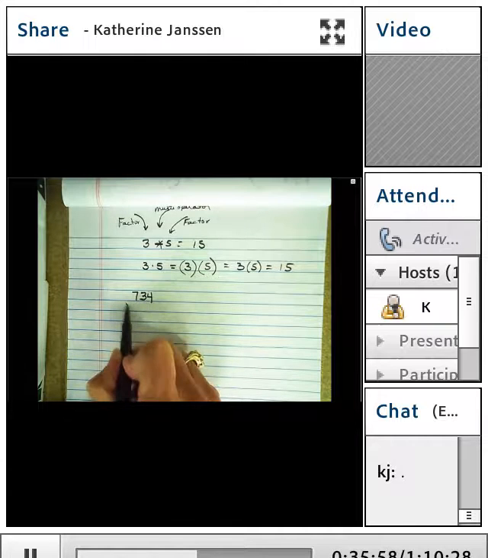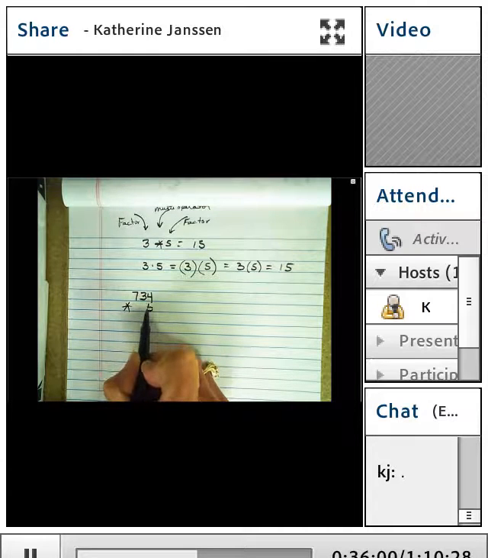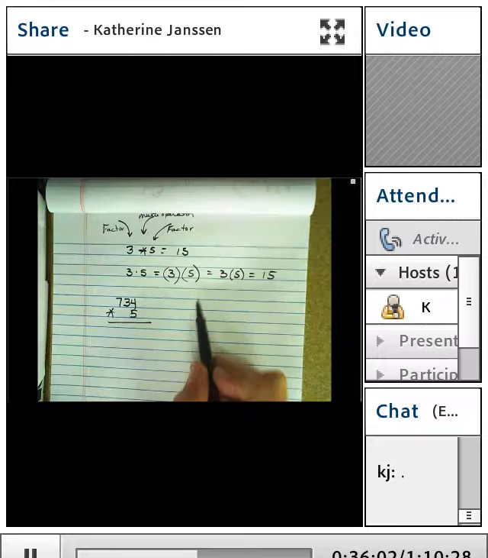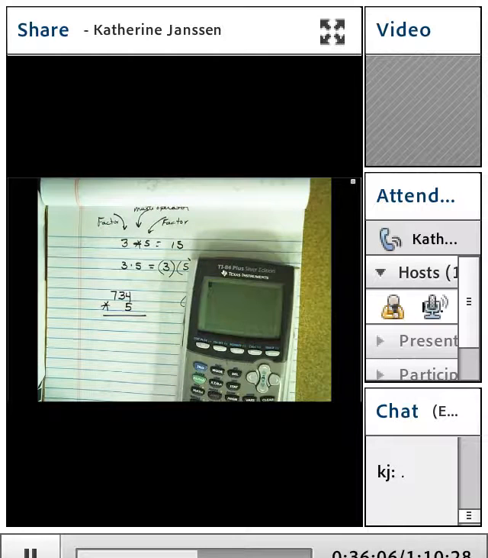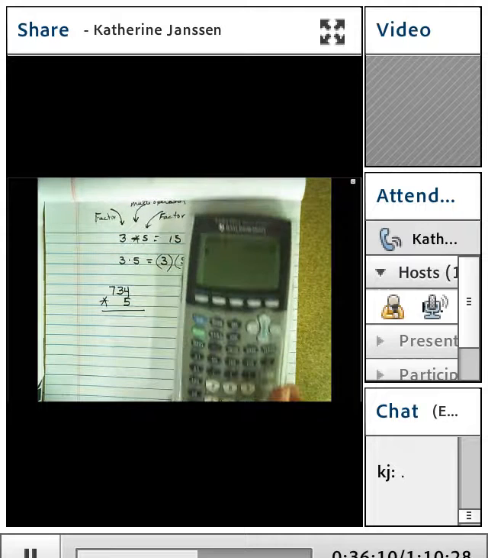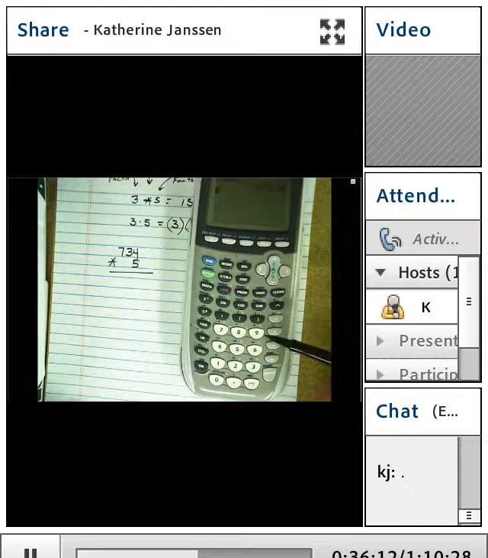734 times 5 with our calculators. On our calculator, we're going to be using the X on your keyboard, probably the asterisk, to represent multiplication.